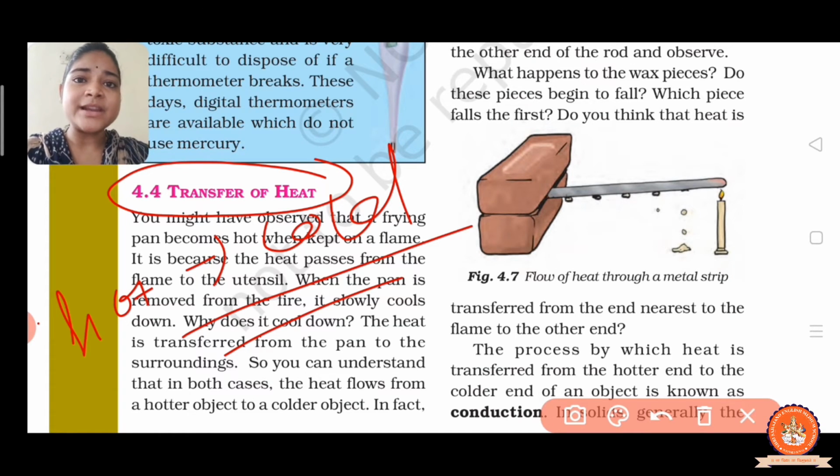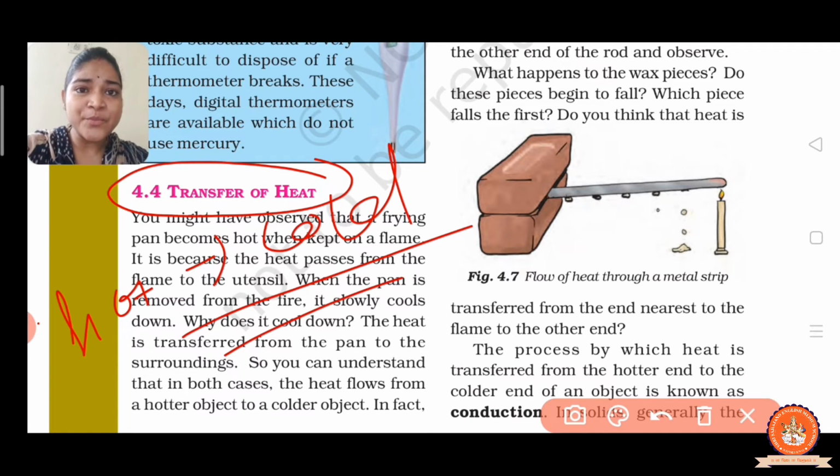For example, if you have two objects, object A and object B, and both objects have the same temperature, 25 degrees Celsius, at that time the heat cannot transfer to each other because their temperature is in equilibrium.